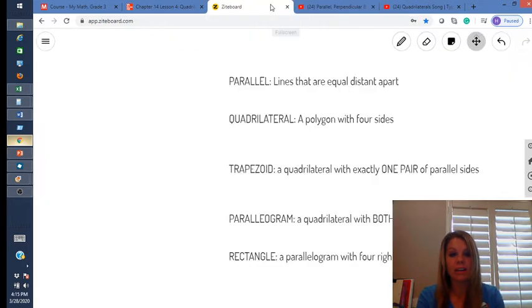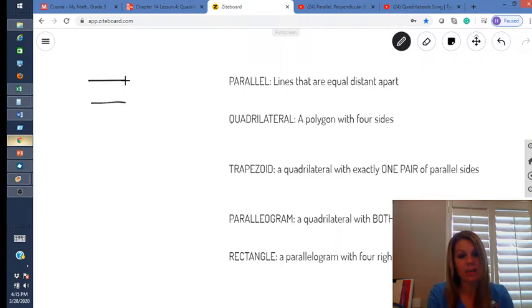So parallel lines. We're going to write this down first. Parallel: lines that are equal distance apart. Now, in the video, they said parallel lines never meet. So you have to think, if you have a line like this and a line like this, they're equal distance apart. If they were going to go on forever and ever, they would never touch, right?